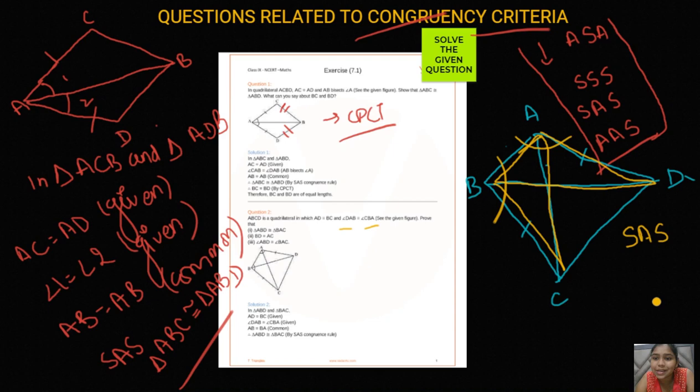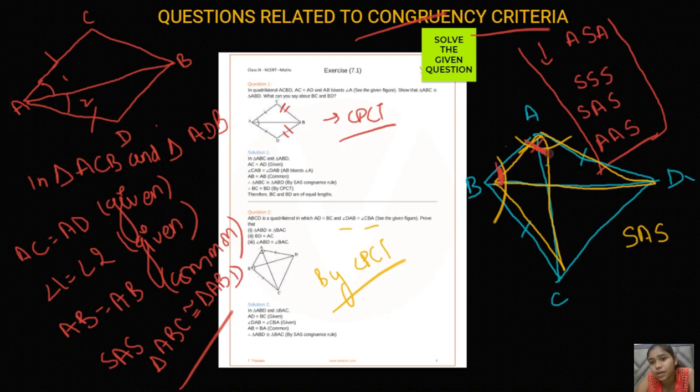Another part: let's take another marker to prove this. Angle ABD is this angle, and angle BAC will be this one.